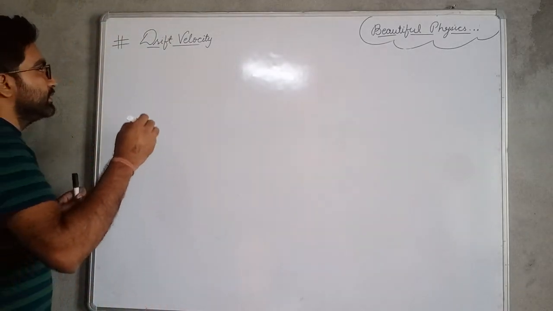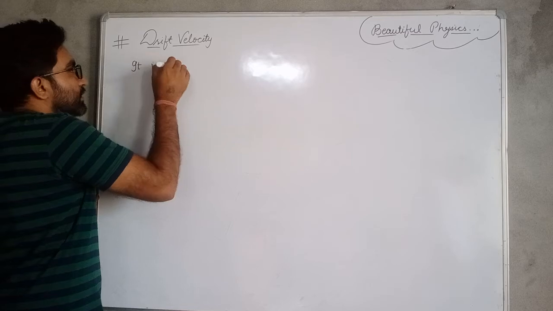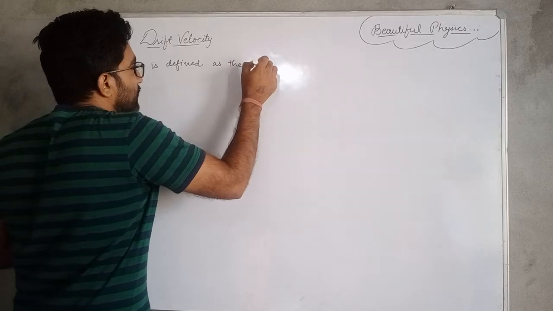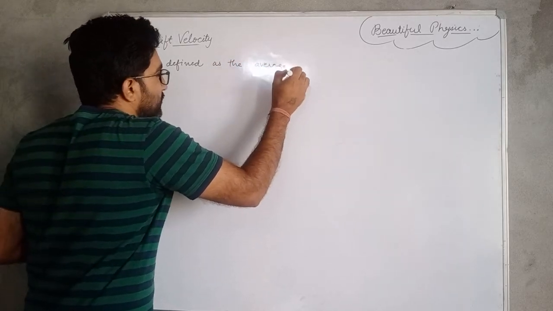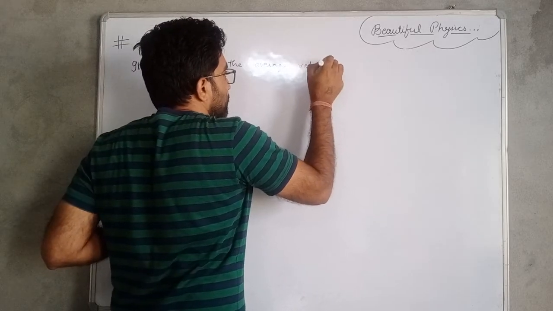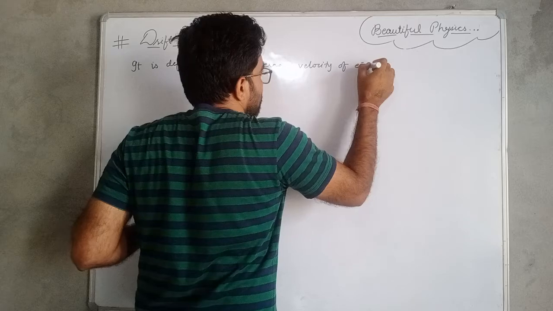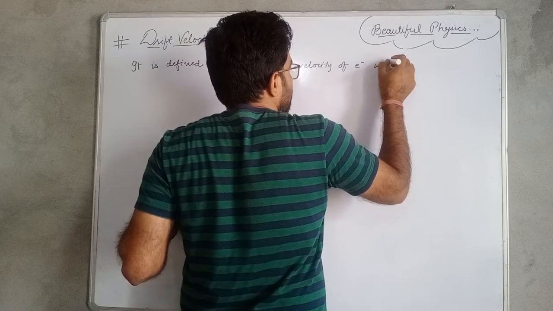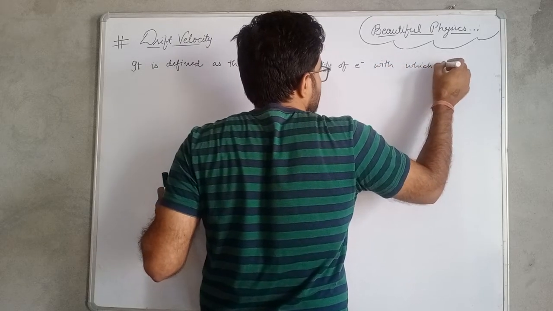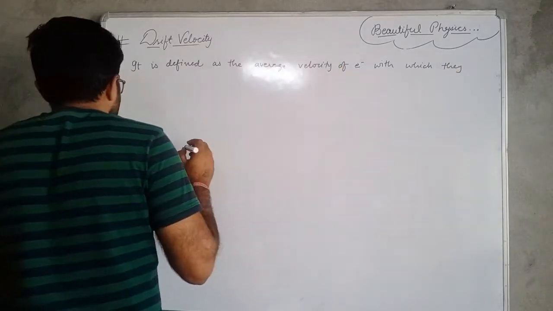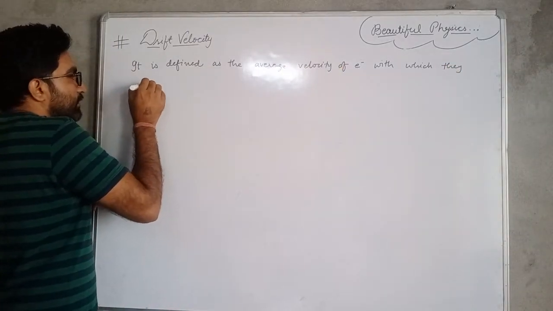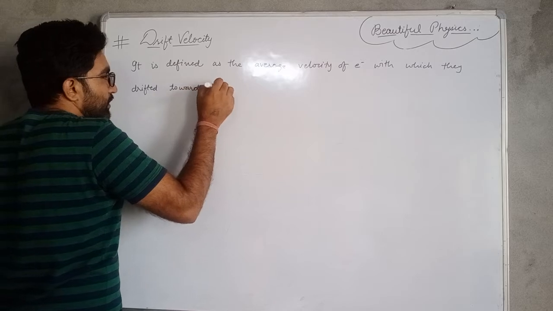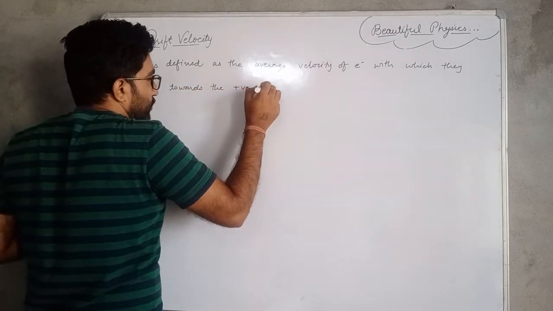Drift velocity is defined as the average velocity of electrons with which they drifted towards the positive potential.